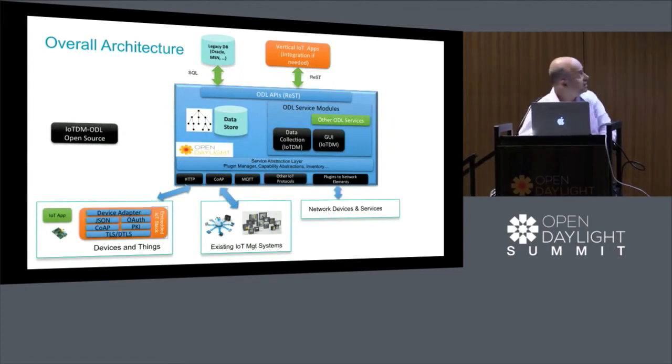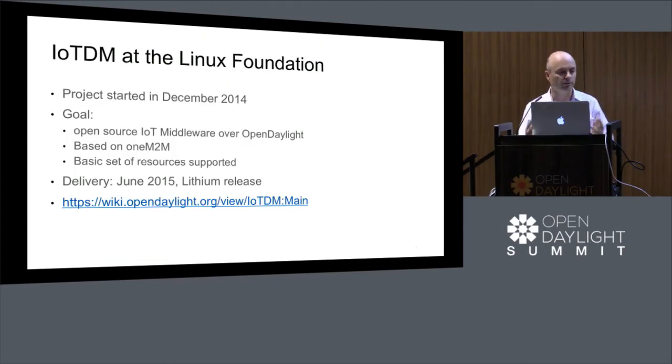So here is the overall architecture. We try to reuse as many components of ODL as possible, basically writing an application running on top of ODL. We don't use ODL as an SDN controller. We use it as an application development platform. So the application running on top of it uses the components of ODL, but it's not an SDN controller.